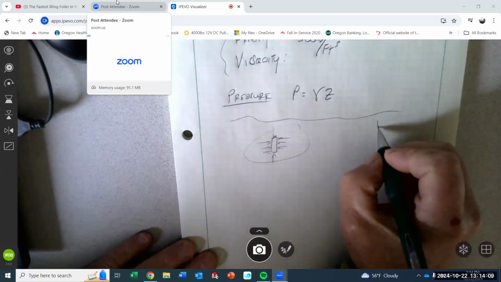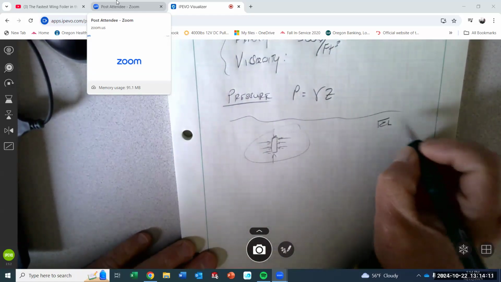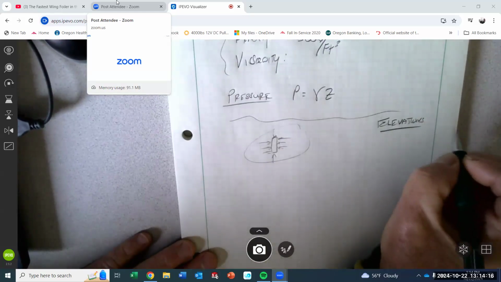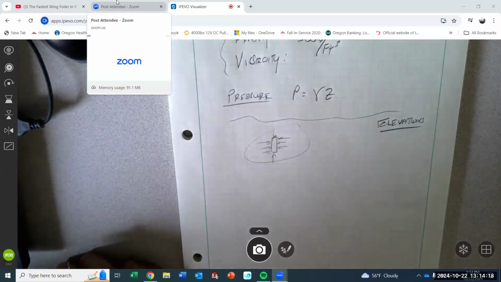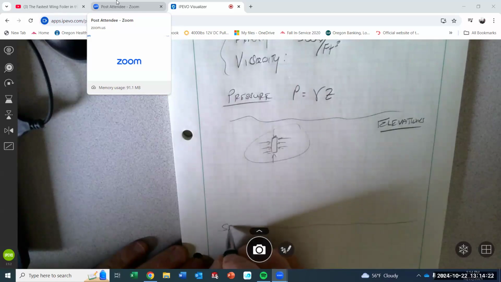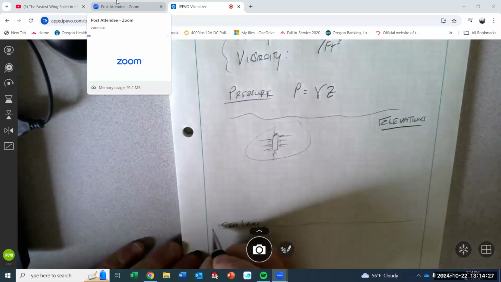Also refresh your memory on elevations, because sometimes the depth will come to you in elevations, like 0 could be sea level. That's very common, right?